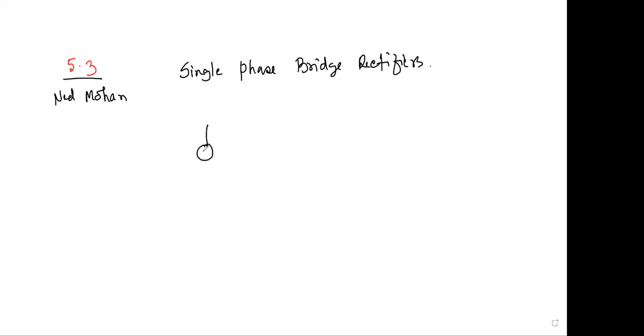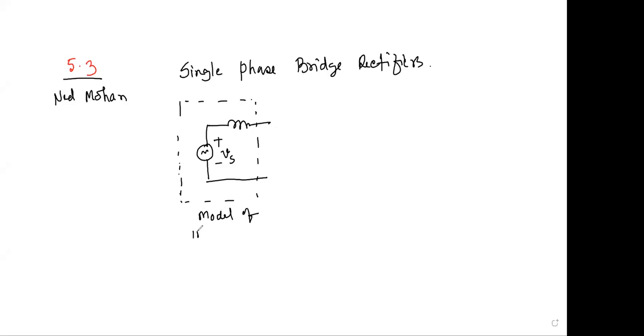That was the last class, if you remember. This is the model of the source voltage, which comes from the utility. What does utility mean?